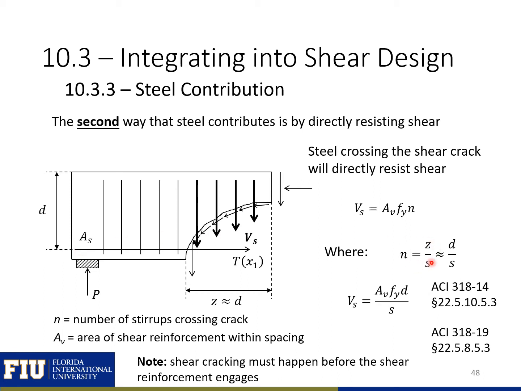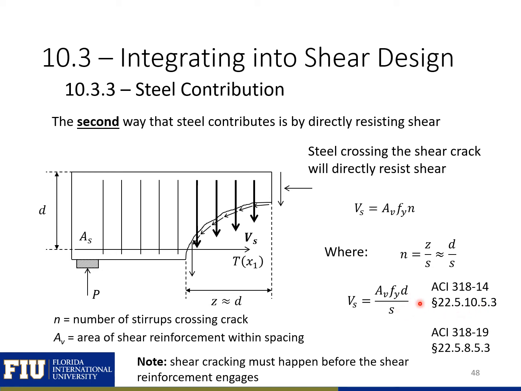So then N is just equal to d over S. Plugging in our expression for the number of stirrups crossing our crack into our Vs expression, we get the expression found in ACI, where Vs is equal to Av Fy times d divided by s.